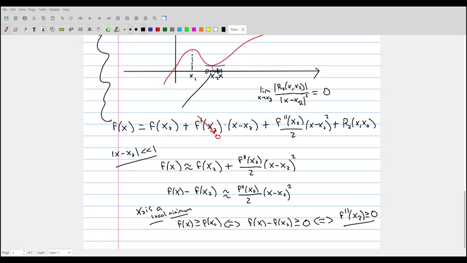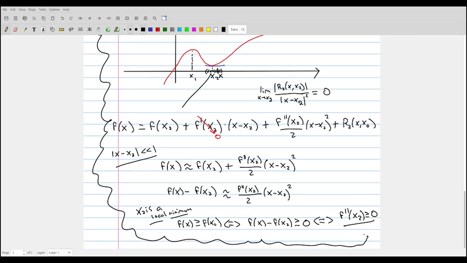This is a very nice property because it's essentially telling us that for a function whose second derivative exists and is smooth, we can calculate directly the second derivative and use it to classify that critical point. If the second derivative is positive, then the critical point is a local minimum.